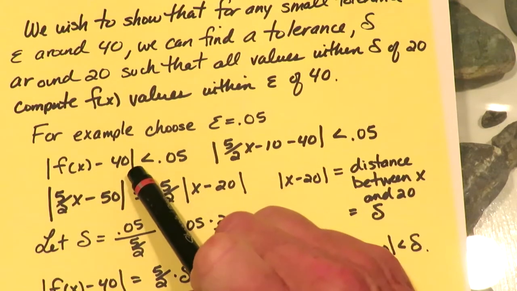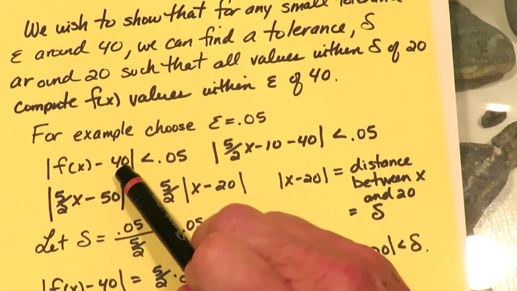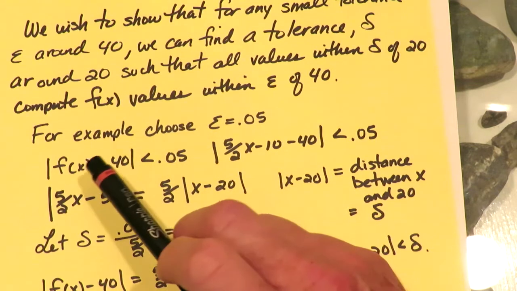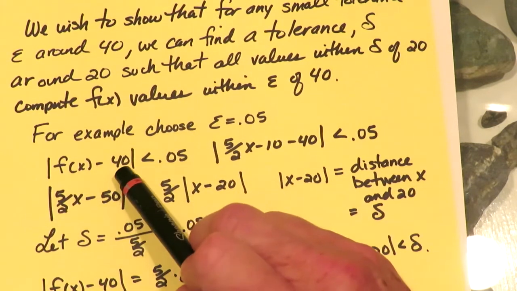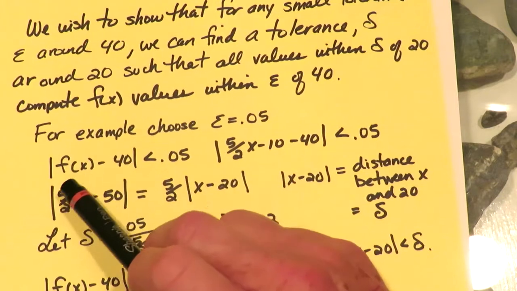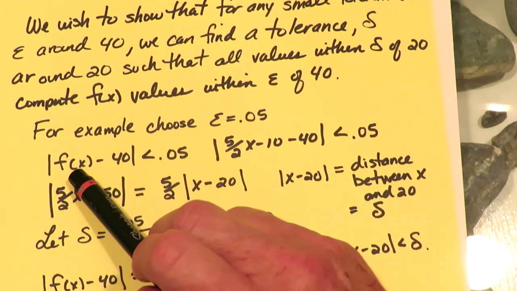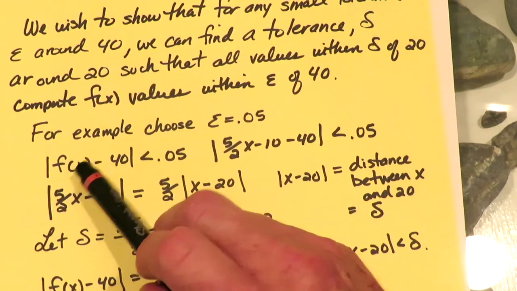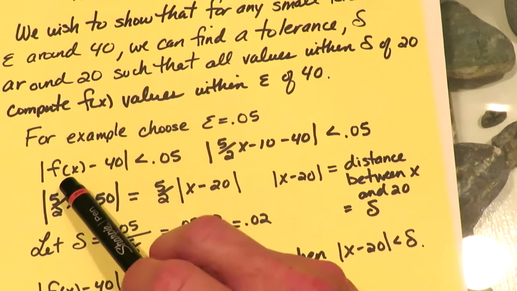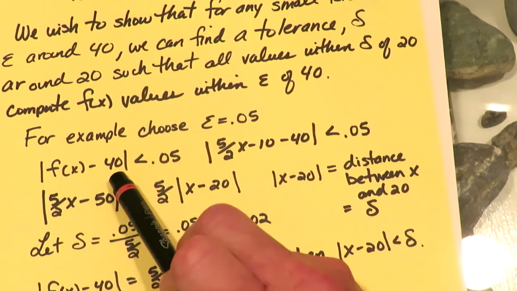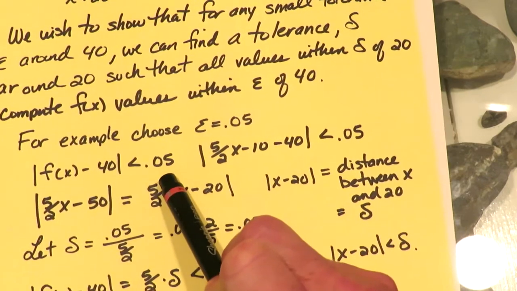The absolute value of this difference is the distance between f of x and 40. If you take the absolute value of just a number, you're really taking the distance between that number and 0. So in this case, we want the distance between f of x and 40 to stay less than 0.05.